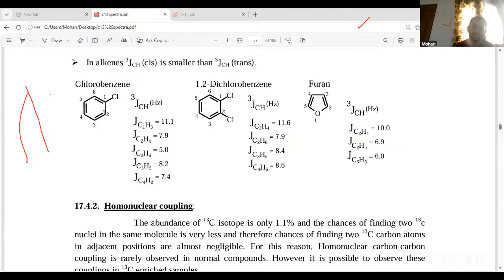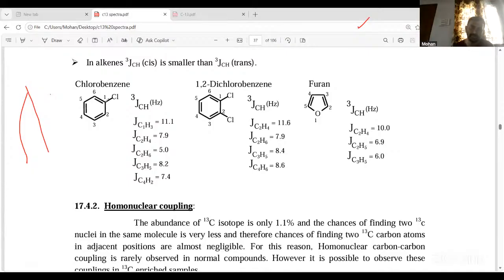You take the chlorobenzene. So in the chlorobenzene here, you can observe the coupling between the carbon and hydrogen here, and the change in the J values. For example, here the C1 carbon, that is the carbon attached with chlorine here, is coupling with the C3 hydrogen.